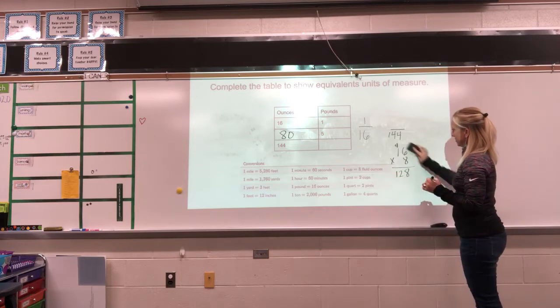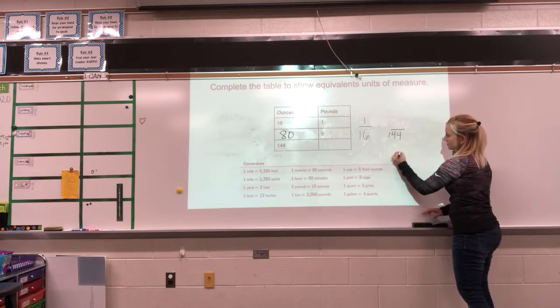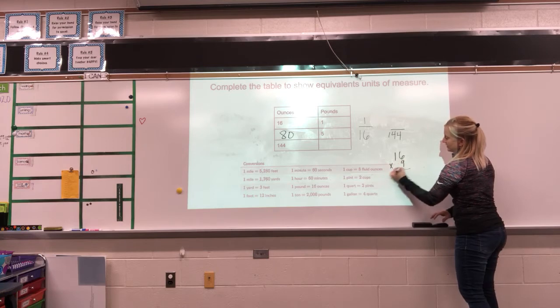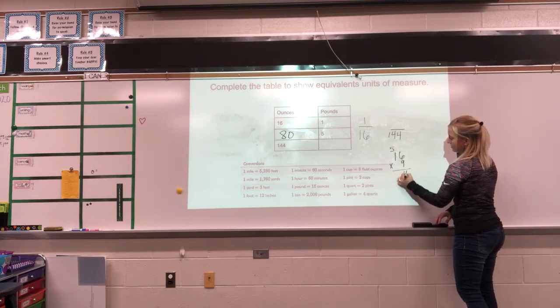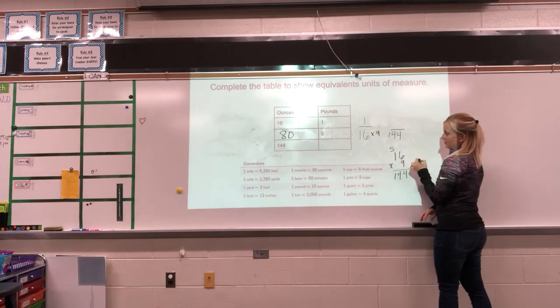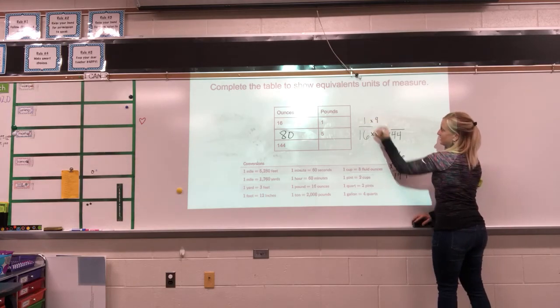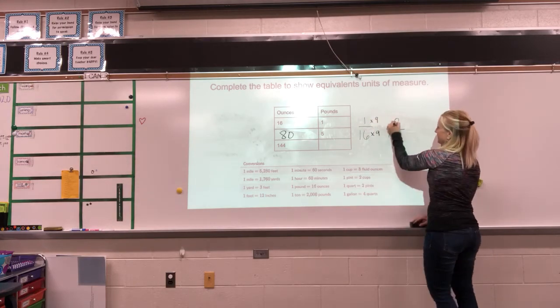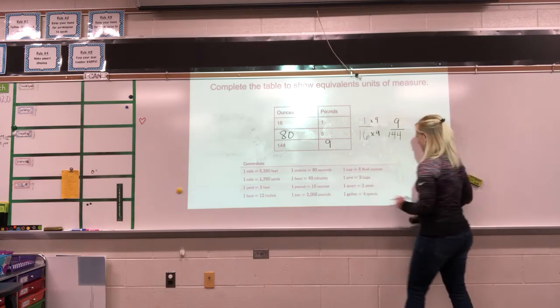Okay, so that's not quite big enough, so I'm going to try 9. So 16 times 9, 9 times 6 is 54. 9 times 1 is 9 plus 5 more, so that's 144. So that means it's 16 times 9 that I did down here. So 1 times 9 is going to give me 9 pounds. So that is going to complete my table right there.